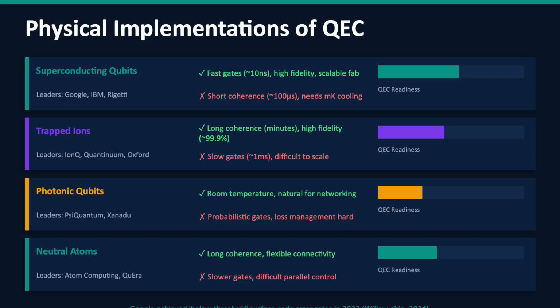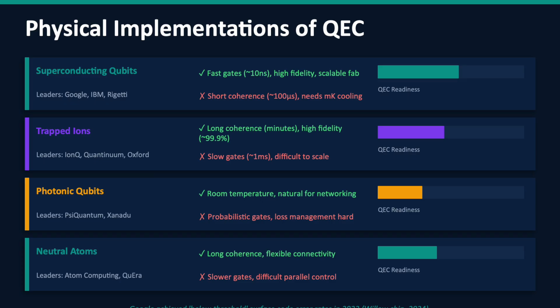Different physical platforms for building qubits each have their own strengths and weaknesses when it comes to implementing quantum error correction, and the choice of platform shapes which codes are practical. Superconducting qubits, which are the technology used by Google and IBM, operate using tiny circuits that must be cooled to temperatures colder than outer space.